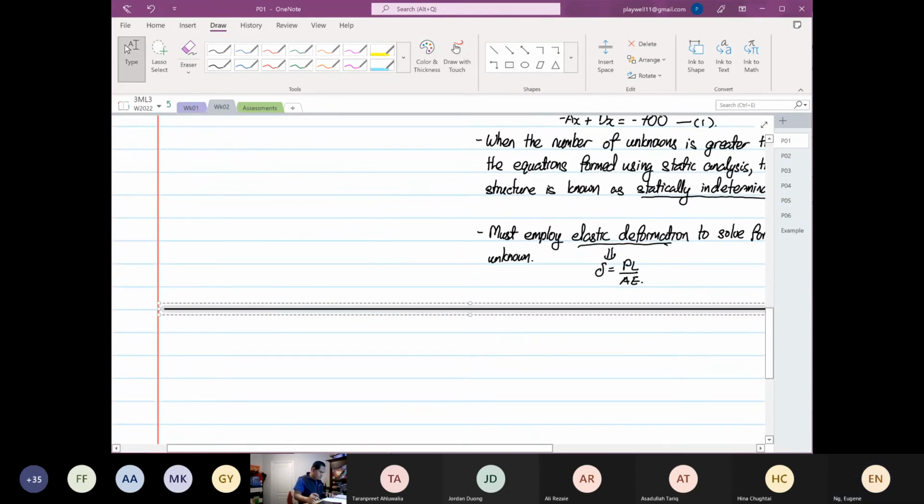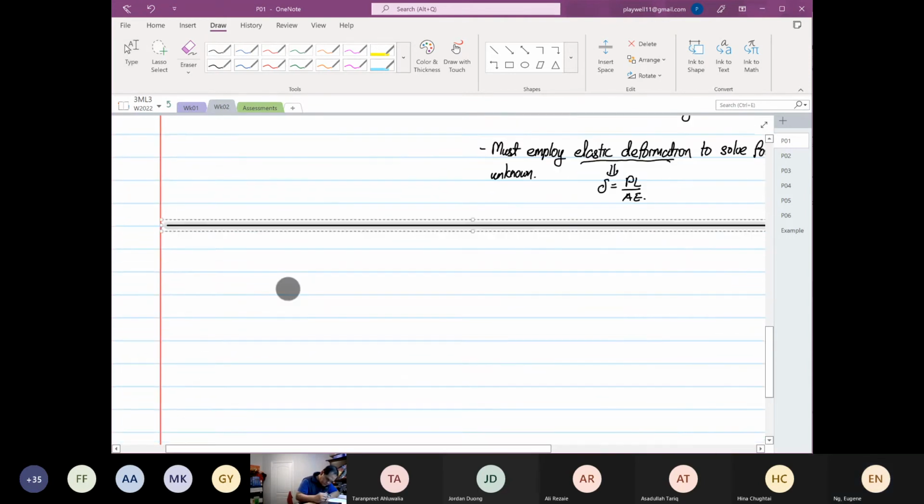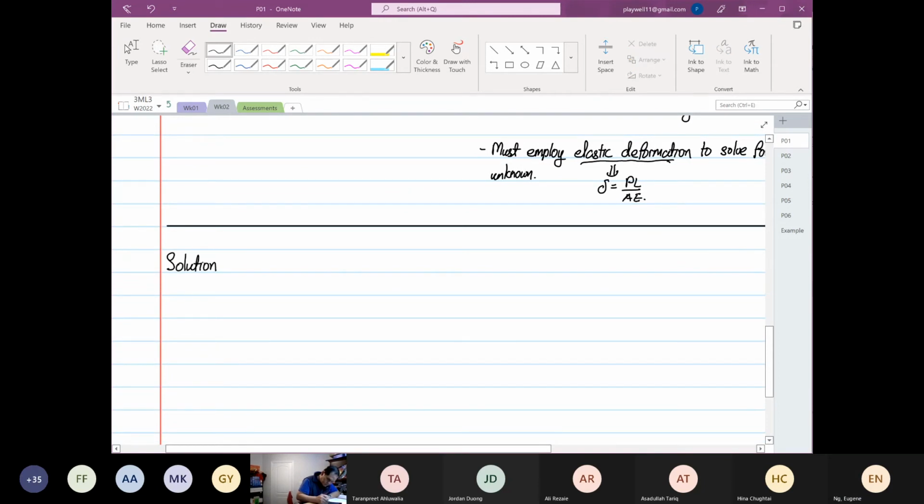Right. So I'm going to write out the solution procedure to analyze statically indeterminate structures.